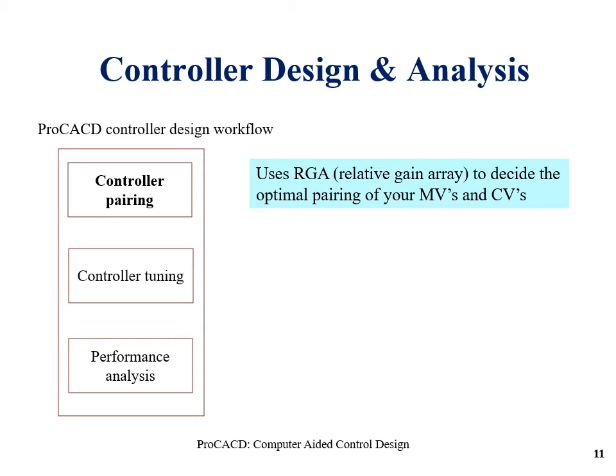We generally try to avoid such pairings. So in general, if you look at an RGA matrix and see pairings which have the diagonal element close to 1, that means that pair has the minimum interactions and is the best pair to use in the control structure with respect to the process.